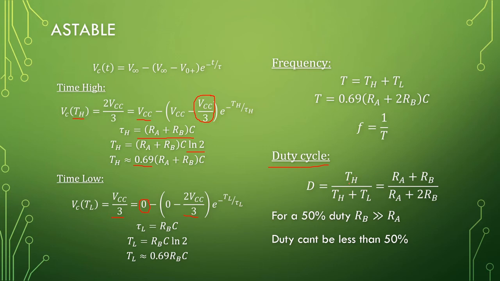So if we take these and we plug it into this equation, we get RA plus RB over RA plus 2 times RB. Most of the time for an oscillator you want a 50% duty cycle, so the same amount of time on as off. For this you need to choose RB much greater than RA.